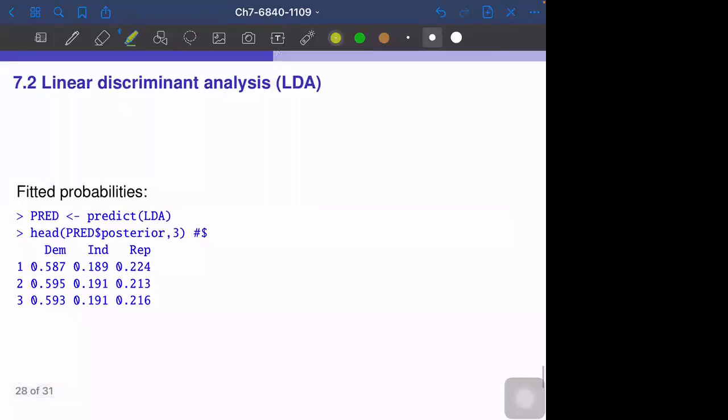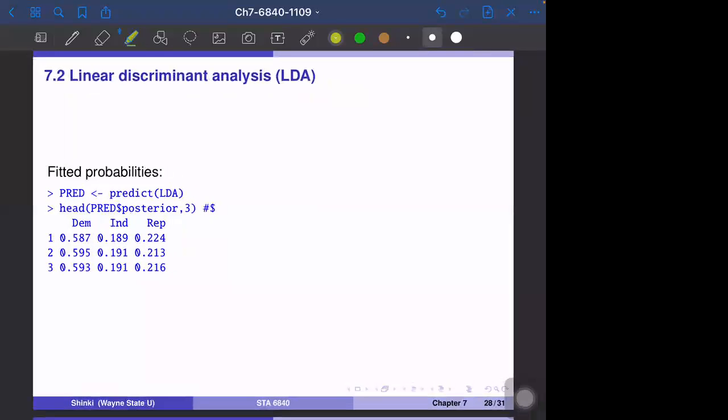Then we can get the fitted probabilities by LDA. After the first step, we do the second step, where we fit the multivariate normal density, then compare the probabilities. So we have many steps, but if you use the predict function, we can immediately get these fitted probabilities.